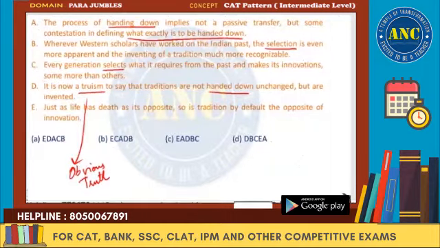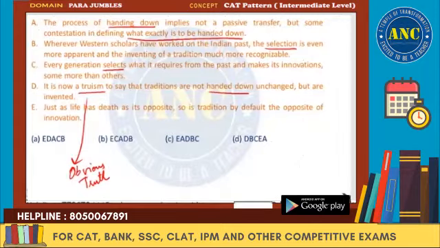Now, it is now a truism to say that traditions are not handed down unchanged but are invented. That means that everyone in the world knows that traditions are not passed on from generation to generation unchanged. They are always changed. They are not invented, but they are changed from time to time. The process of handing down.